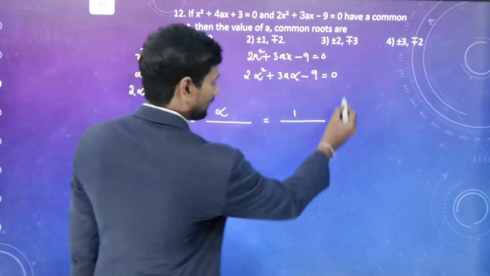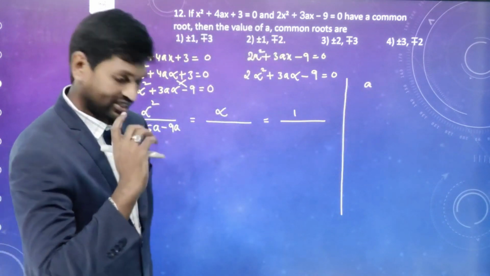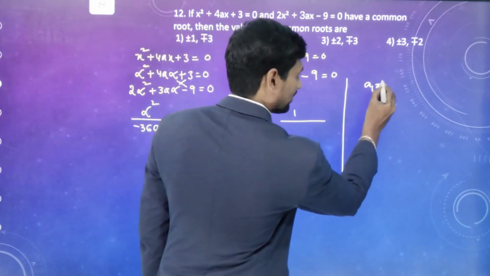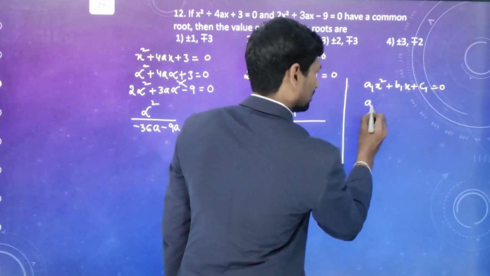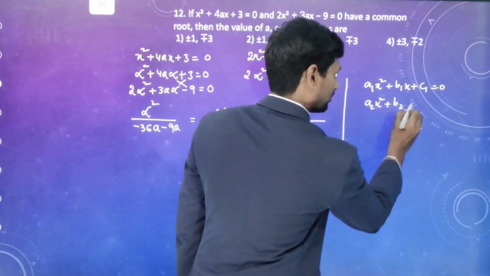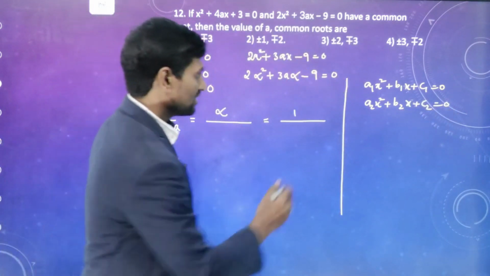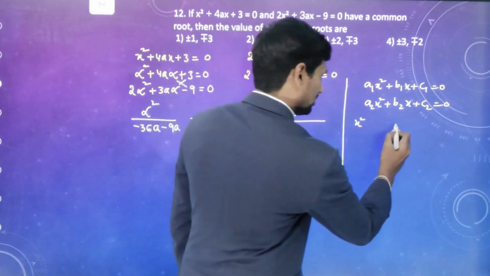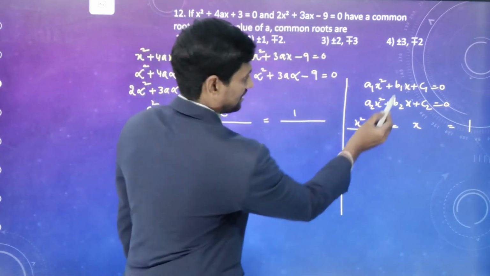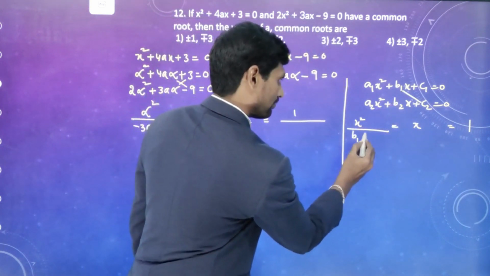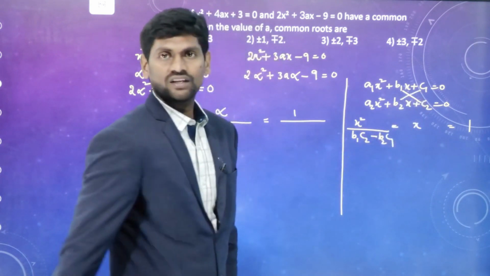So let me explain here. For example, the given quadratic equations are in the form a1x square plus b1x plus c1 equal to 0, and a2x square plus b2x plus c2 equals 0. These are two different equations. For comparing x square term, x term and constant term: x square by b1c2 minus b2c1.